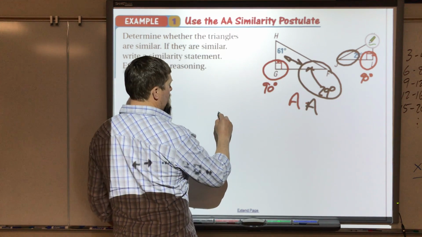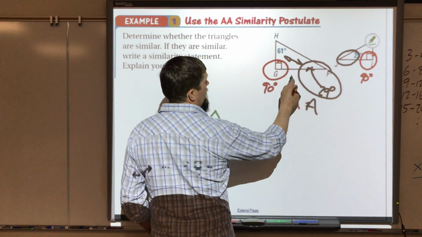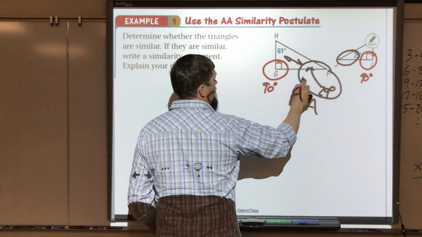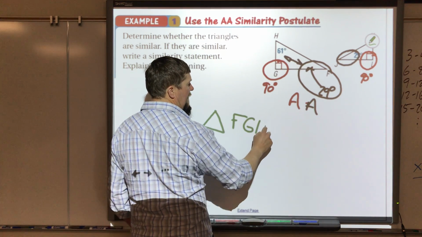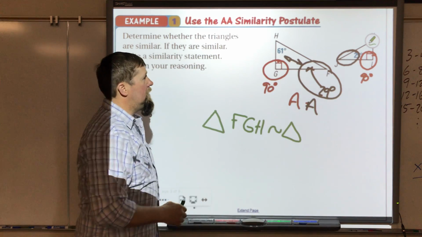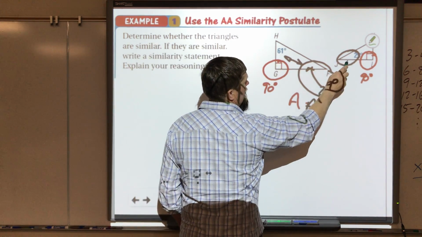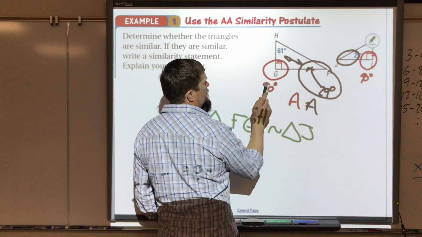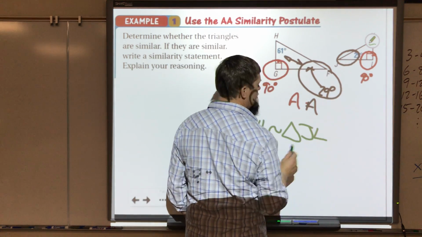Okay, so when we write a similarity statement, again, I can use any combination as long as they're in order. So let's just say this one is FGH is similar to triangle. Now, if I used F, I have to start with J because they're both the 29. G is next, so L has to be next.